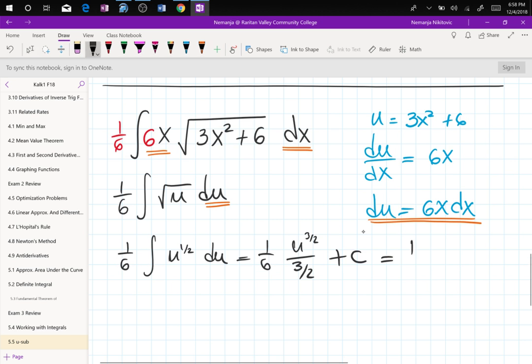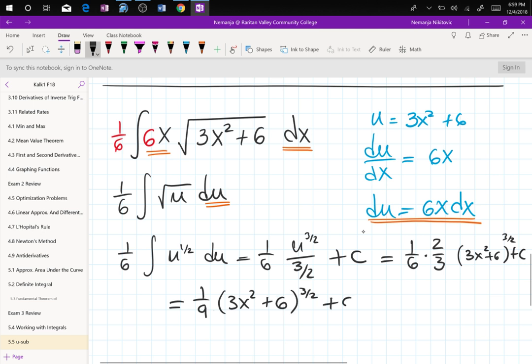So this is going to be 1 over 6 times 2 over 3, times 3x squared plus 6 raised to the 3/2 plus c. Finally, these cancel, so this is 1 over 9 times 3x squared plus 6 to the 3/2 plus c.